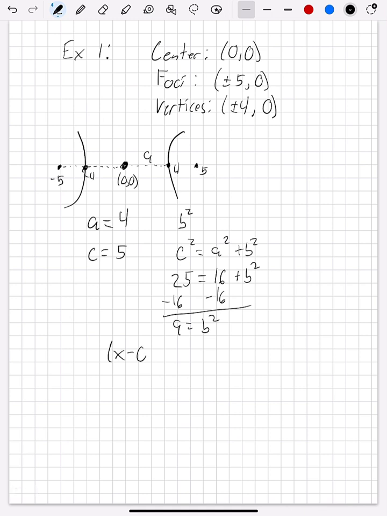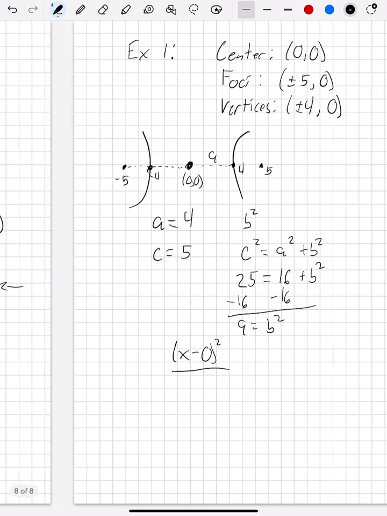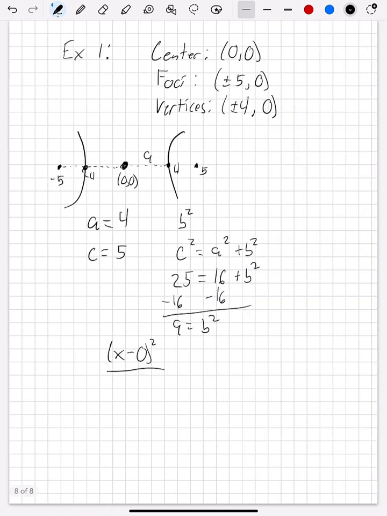So I've got (x minus 0) squared over a squared, and a squared is 16, minus (y minus the y coordinate of the center, which here is 0) squared over b squared, which is 9, equals 1. If I want to clean that up, I would have x squared over 16 minus y squared over 9 equals 1. And that would be the standard form of my hyperbola.